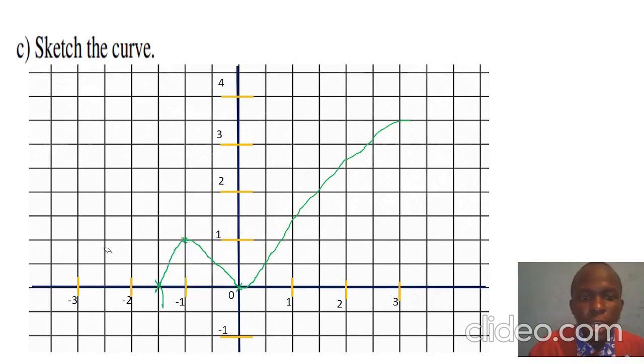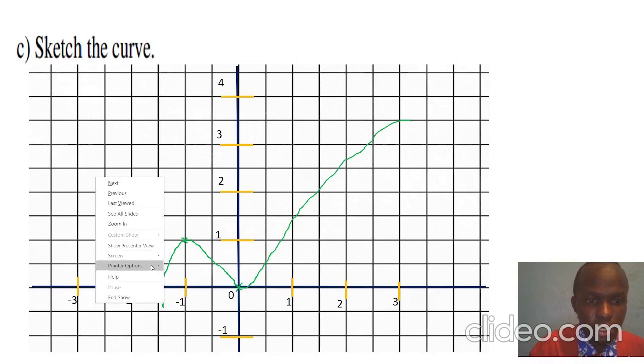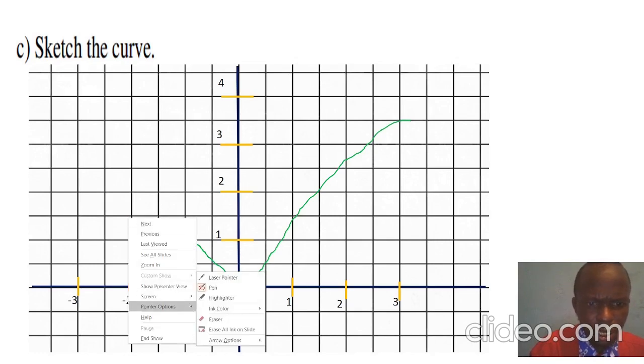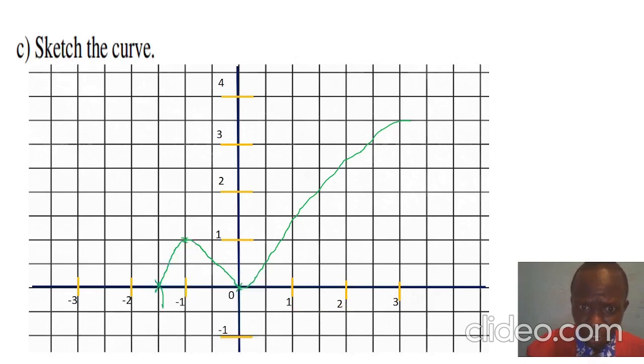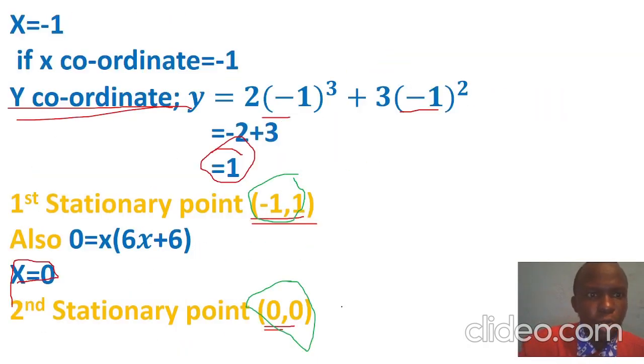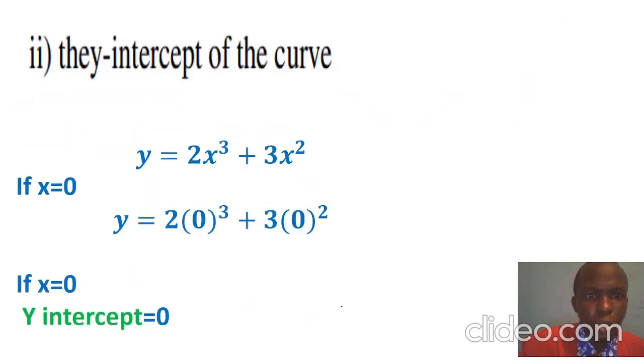Now, any particular graph must be labeled. So let us label our graph. Let me use a different color. I think I really like red. Let me not be biased in this case. Our graph, let us go to the equation. What's the equation? Y is equal to 2x cubed plus 3x squared.